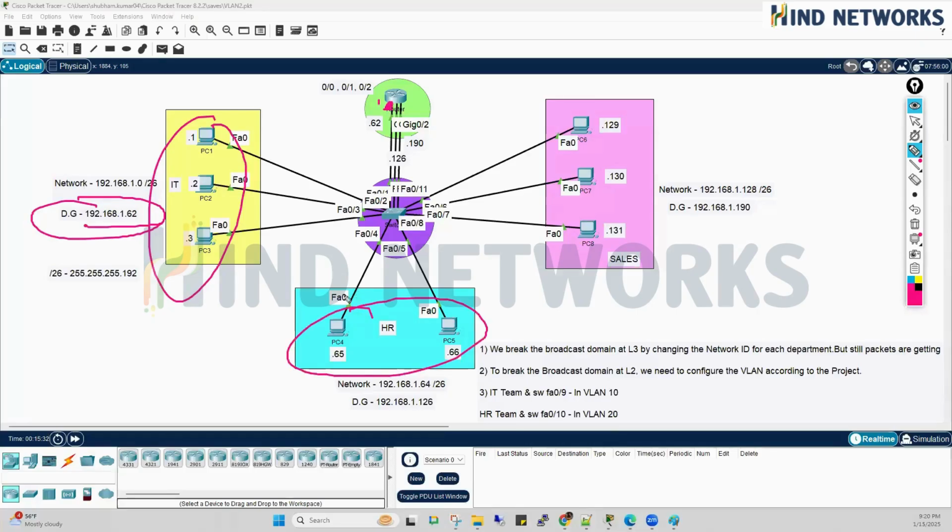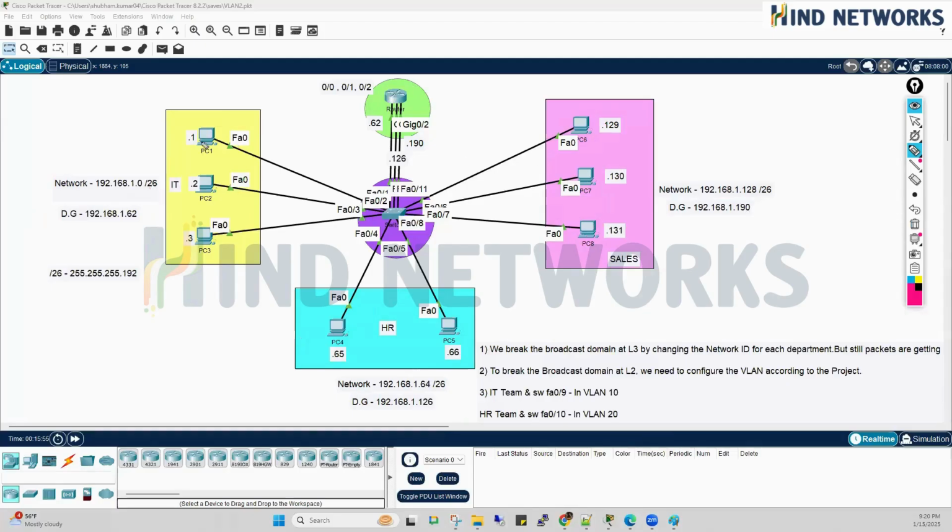For these two PCs, the default gateway is 192.168.1.126, configured here. And for these three PCs, the default gateway is 192.168.1.190, configured here. Understand? So now I have already provided the default gateway.